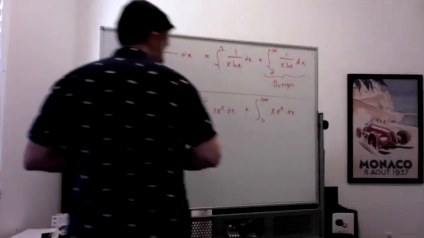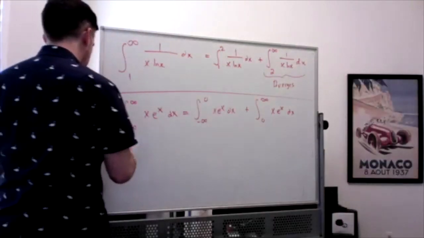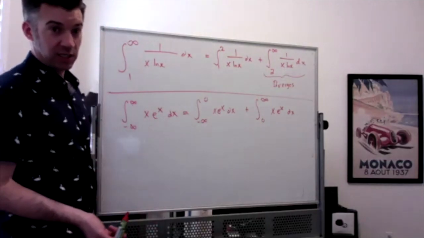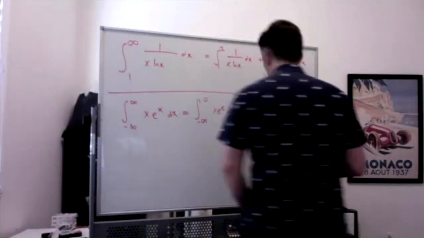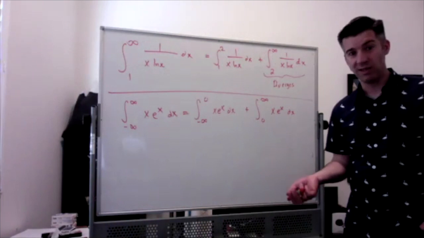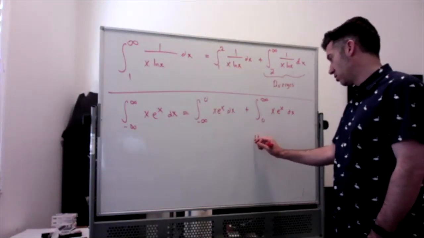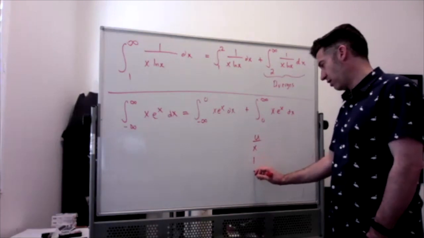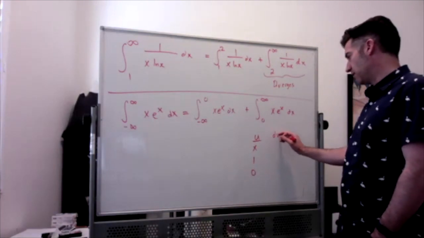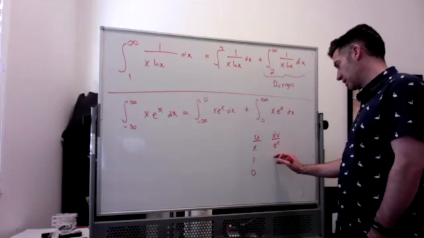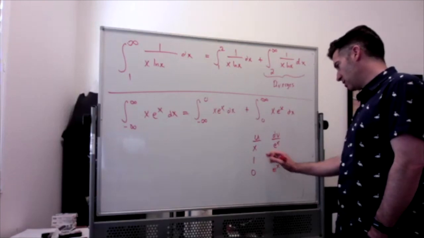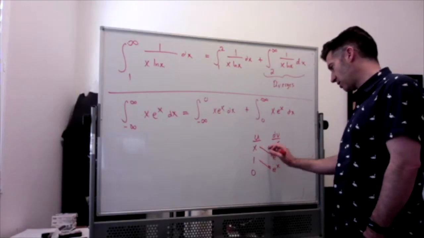So let's look at that piece. Again, this is integration by parts. You could use the tabular method here, but it's a one-step tabular, so I will use it if you want to see it. u is x, my derivatives are 1 and 0. dv is e to the x, e to the x, e to the x. You get x e to the x minus e to the x.